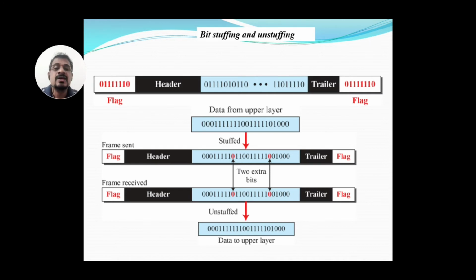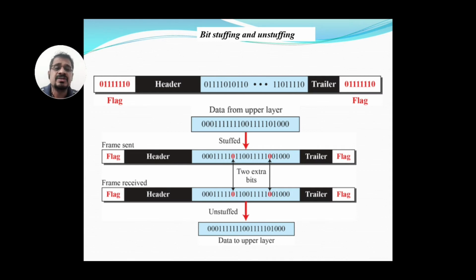In that case, the networking devices may understand it as the end of the frame. So we may lose data, or it may lead to wrong information, which leads to unreliable communication, so that it has to be retransmitted.